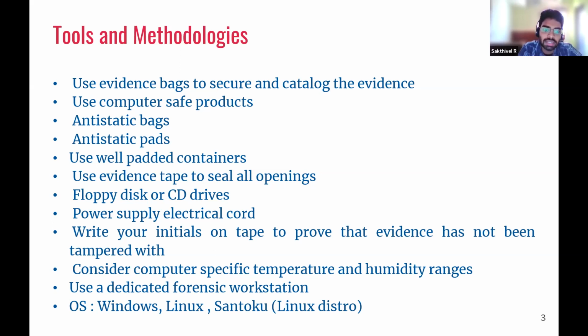The next thing is multiple items that can be used for analyzing the evidence, like CD drives, pen drives, USB sticks or floppy disks. Floppy disk is a bit old, but still under consideration all over the world. And a power supply electrical cord, which can be used for the mobility of forensic workstations.